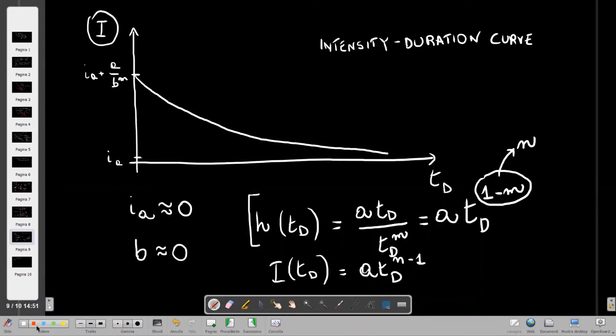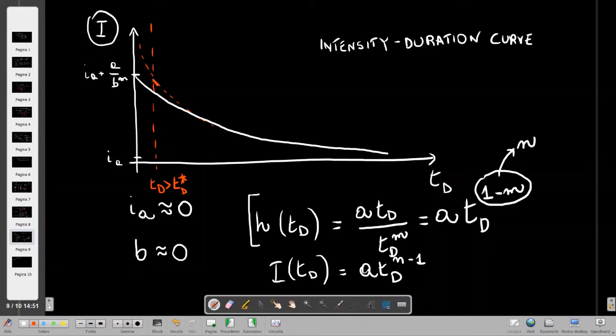In this case, this plot is more or less this one. So for very small duration, that has not any physical significance, we cannot say of an event of 0 duration. So in this case, the duration must be higher than a given limit that we can call this one.